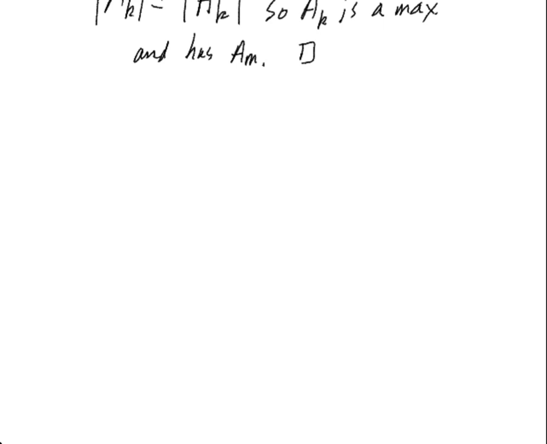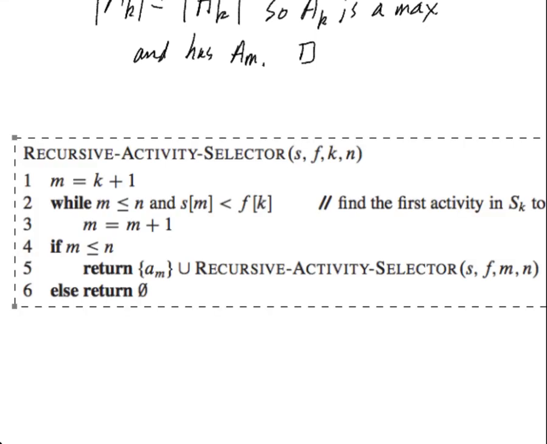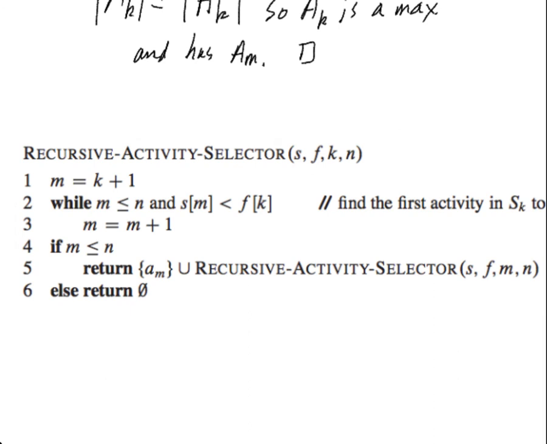Now, let's look at, very briefly, the two solutions that the book gives. The first is a recursive solution, and so here we have the start times, we have the finish times, we have k, which is where we're at in the array. So we're going to step through the array, and then we have the total number of elements in the array. We're going to find the first activity in S sub k to finish.